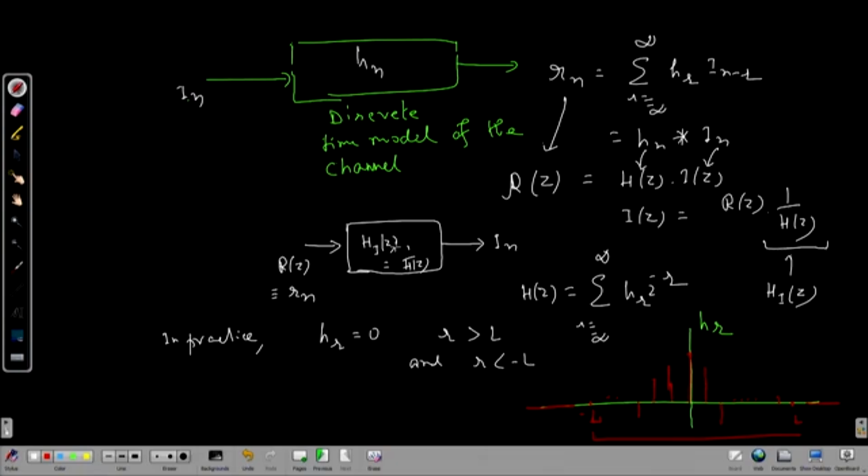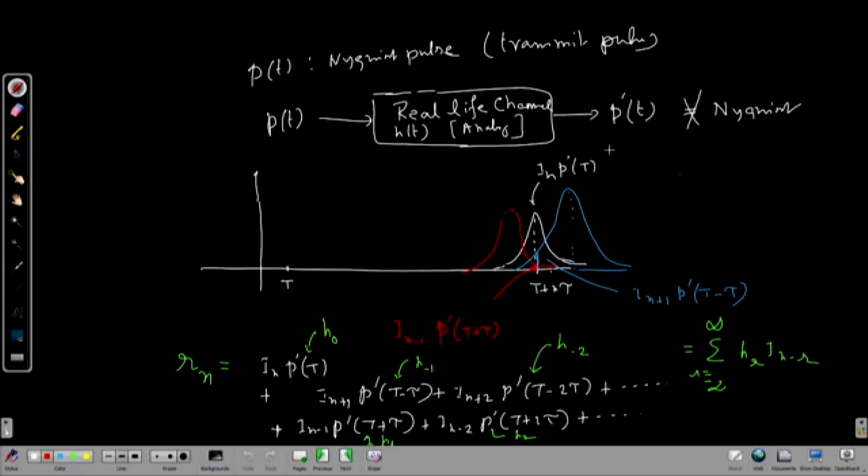But again, what will happen? I do not know what the poles are, because after all capital HZ is coming from this HR. HR is what? HR we have seen, they are coming from these pulse heights at various sampling points, but this is a distorted pulse. I have no knowledge about the distorted pulse, I know about the transmit pulse, that is what I had designed.